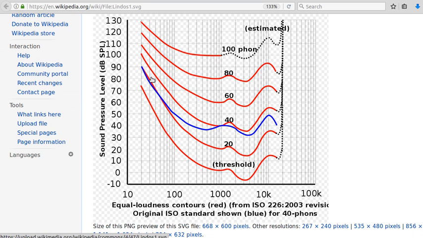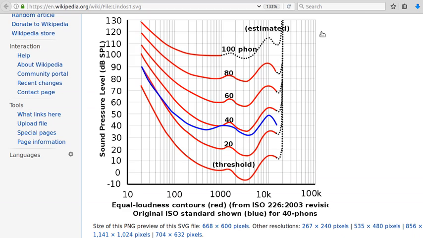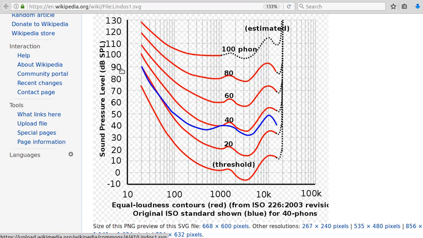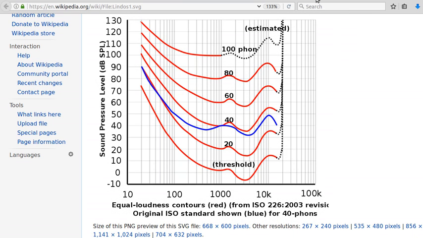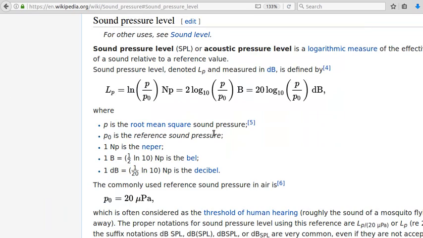And this curve will be different for different individuals, for different ears. This is the curve, and the y-axis is sound pressure level in decibel. Sound pressure, acoustic pressure, is a measurement.